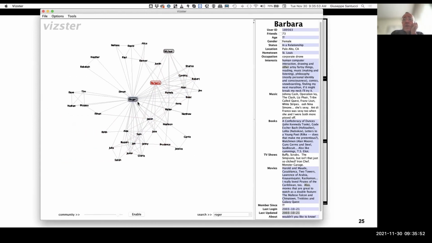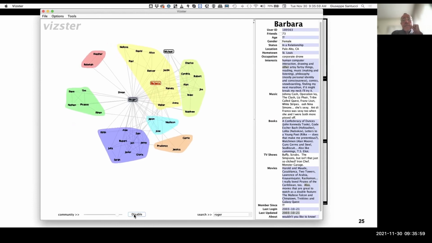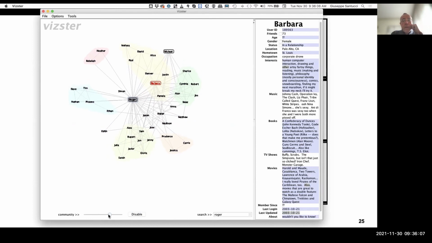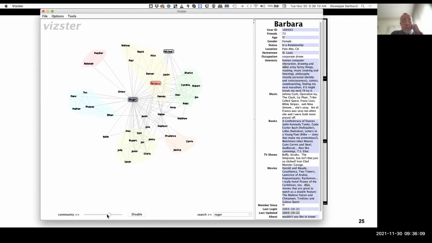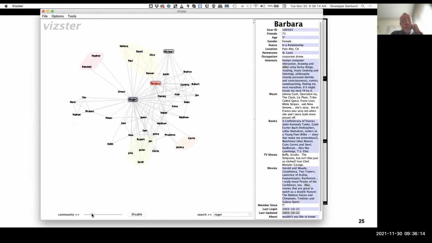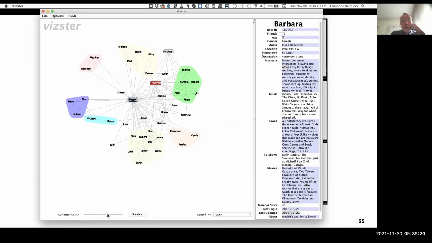It is just a friendship relationship. I think you can enable community. You have some analytics here that are able to collect clusters of people according to the number of connections. And there is a threshold. Here I'm playing with the parameters of this algorithm. And there is some simulated annealing in the background that is recomputing the positions of what I'm doing.